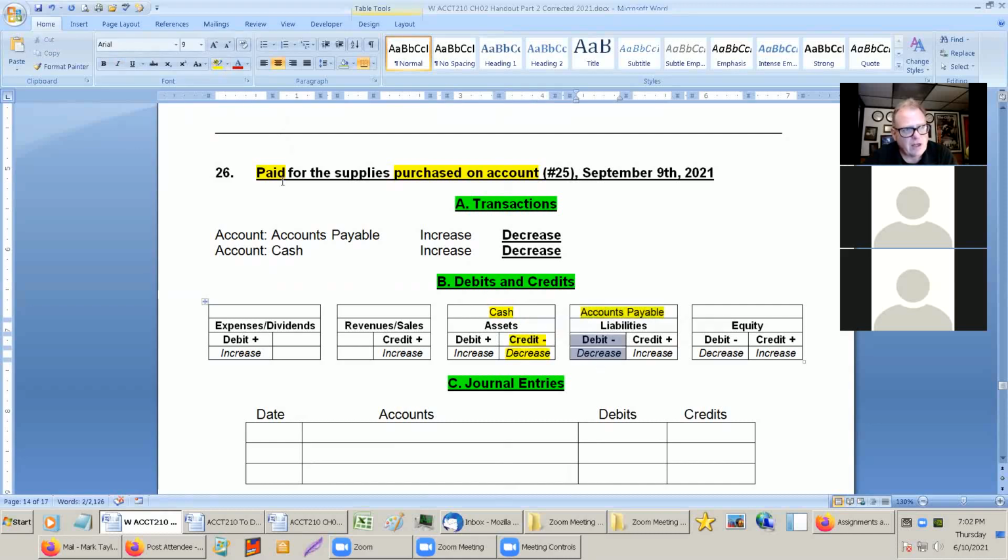Both going down. So accounts payable is going to be the debit. It's decreasing. Cash is also going down.